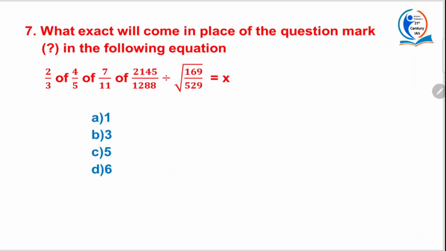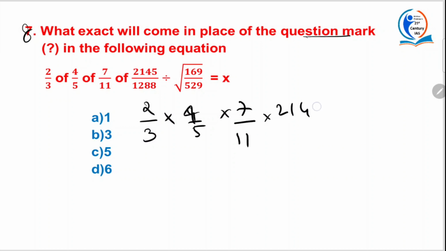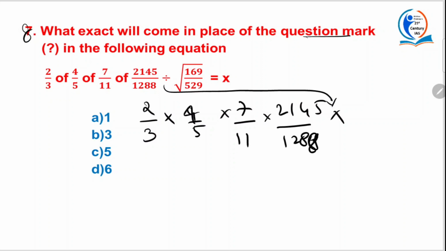Next. What exactly will come in the place of the question mark in the following equation? Okay, this is the 8th question. Now, 2 by 3 of this divided by root over 169 by 529. Okay, so this will translate to 2 by 3 into 4 by 5 into 7 by 11 into 2145 by 1288 into root over, see this division I am converting into multiplication, so it will become root over 529 by 169.